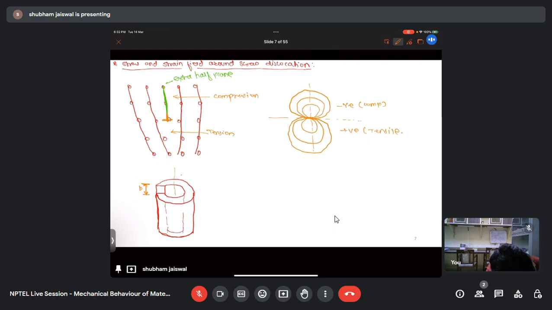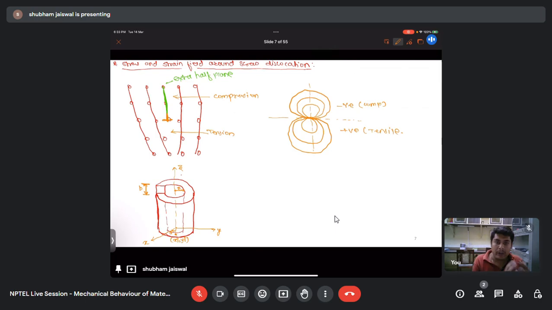This is direction z, this is our axis x, this is y, and the radius of the cylinder is R at some distance, and there is some point at an angle theta with coordinates xi, yi. Here you can see that the Burgers vector is parallel to the line vector. So this is the screw dislocation.